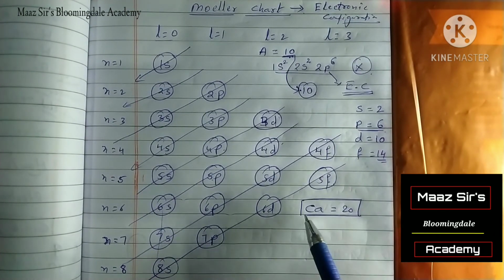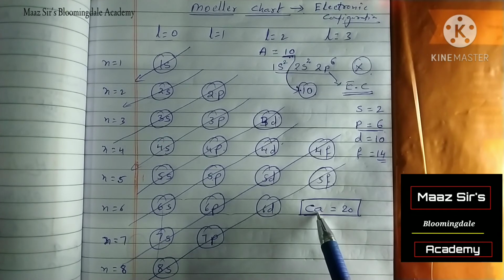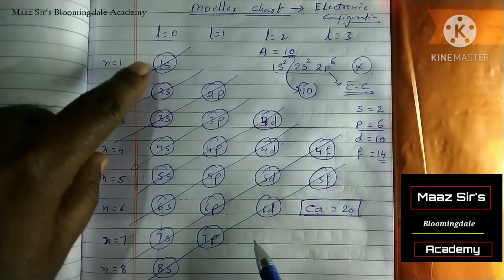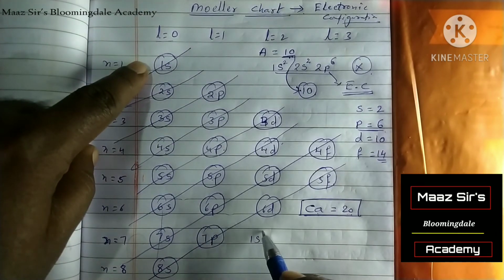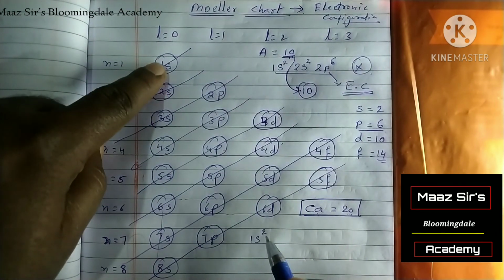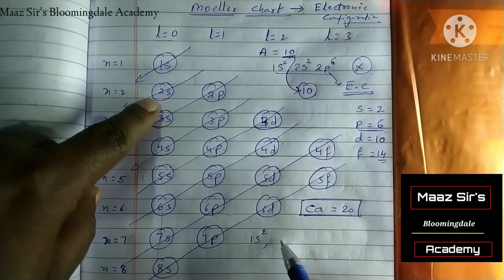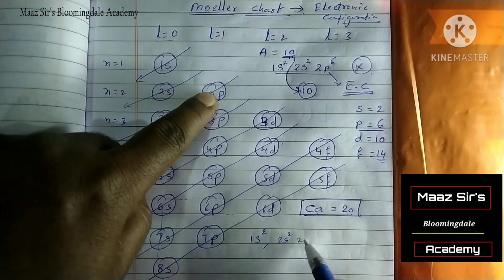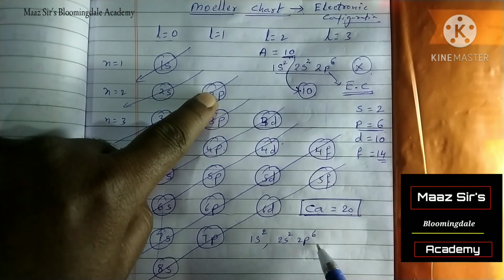Now let us write the electronic configuration of calcium. Its atomic number is 20. First the electron will enter into 1s. Maximum capacity 2. Next it will go to 2s2, maximum capacity 2. Next it will go to 2p, maximum capacity 6.